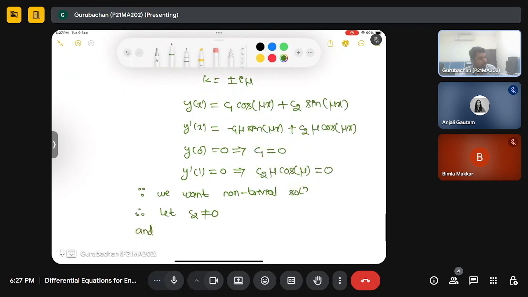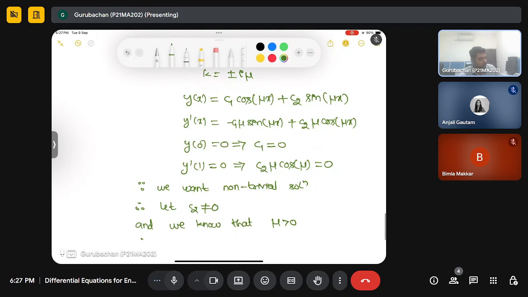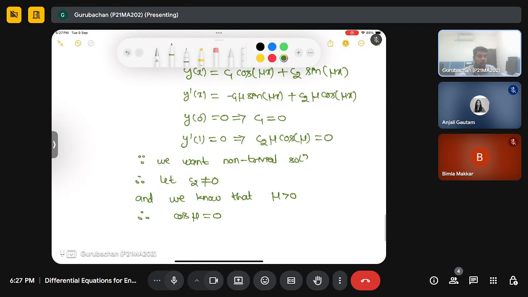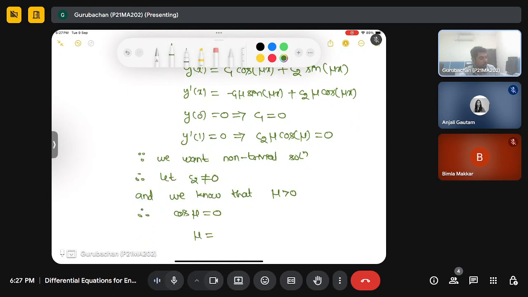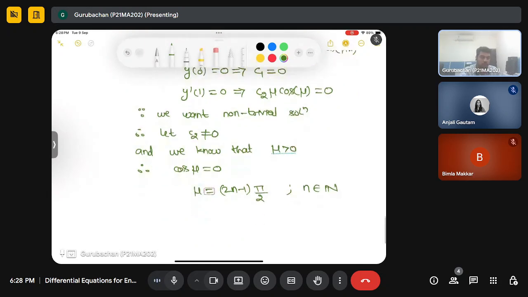And we know that mu is greater than 0. Therefore, the left thing will be cos mu is 0. Cos mu is 0 only when mu is of the form (2n minus 1) pi by 2, where n is any natural number. So you got some mu corresponding to which you get a non-trivial solution.